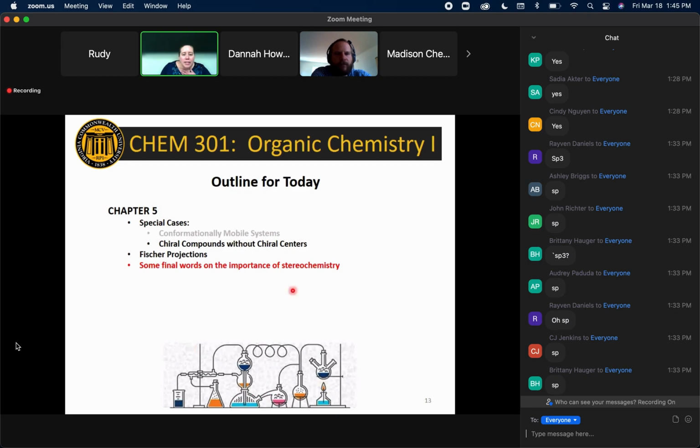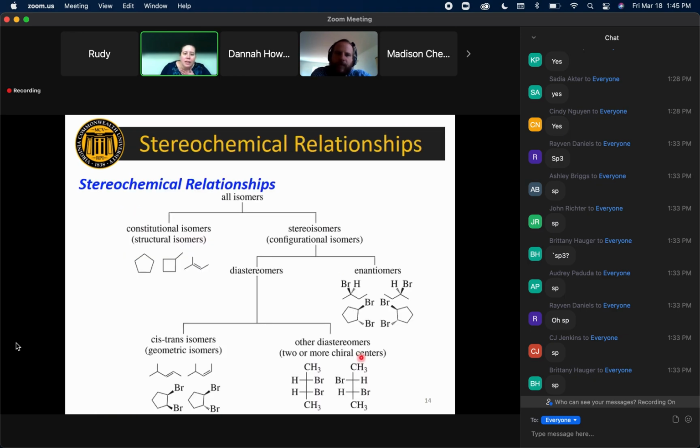All right, I want to take just a moment to give some final words on the importance of stereochemistry. We've seen this flowchart, or this organizational chart rather, a number of times now, and I want to point out I've actually hidden some Fisher projections in this chart the whole time. You guys, I guess, didn't realize that they were there, but down here on the bottom right, these are indeed Fisher projections.